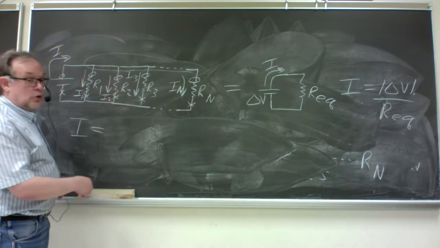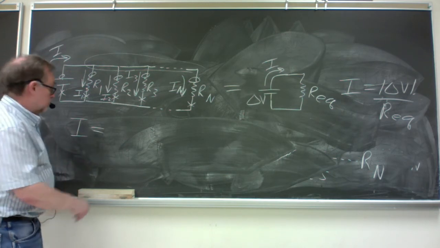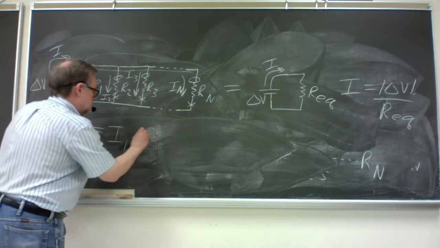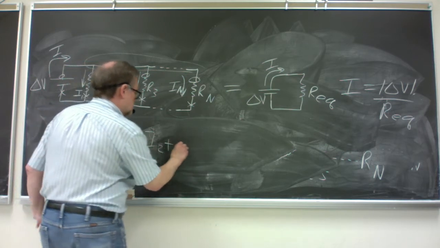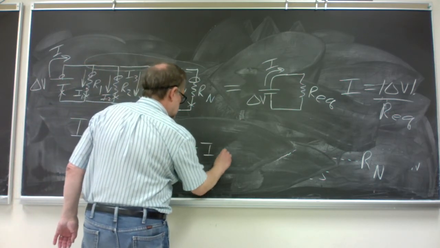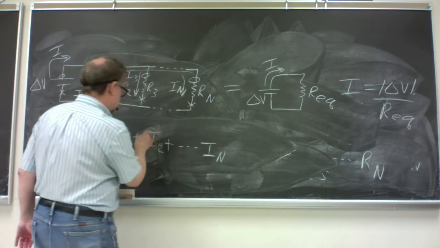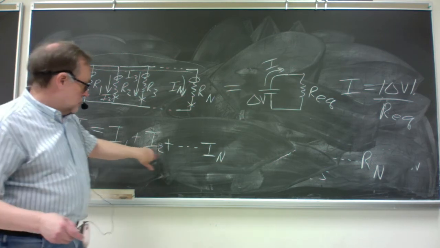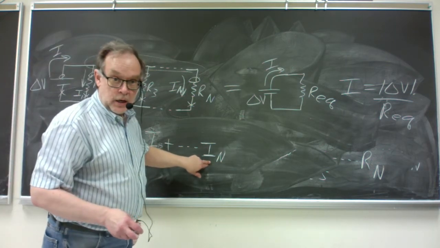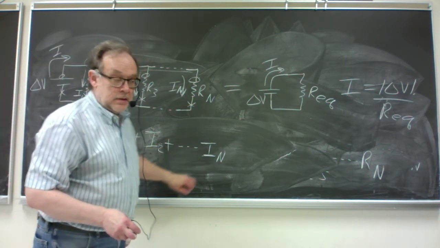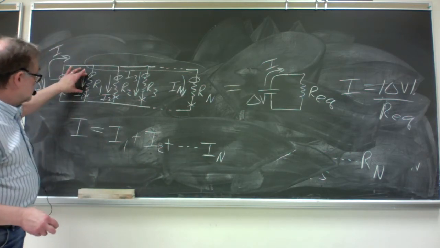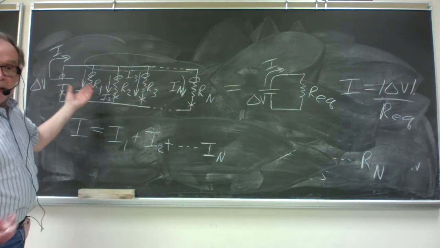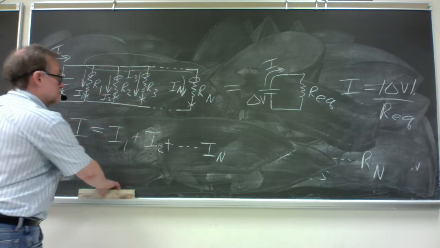So all the current going in has to equal all the current going out: I equals I1 plus I2 plus up to IN. Well, we can use Ohm's law to rewrite what each of these currents are in terms of the potential difference between the two ends of a resistor and that amount of resistance.